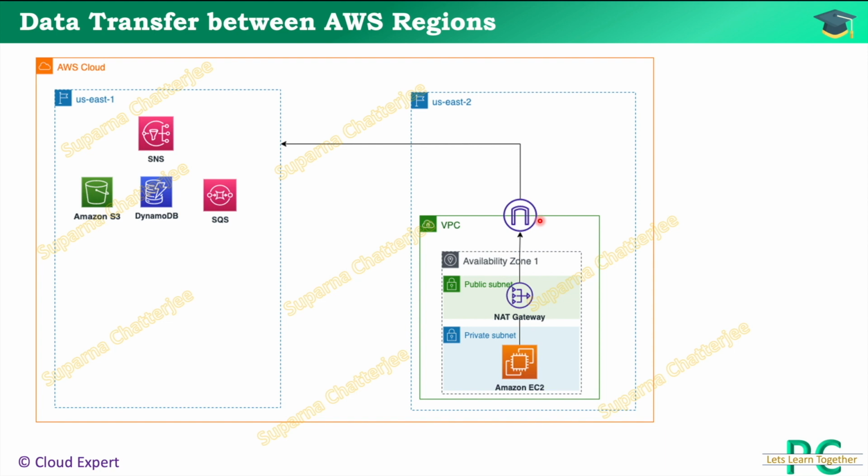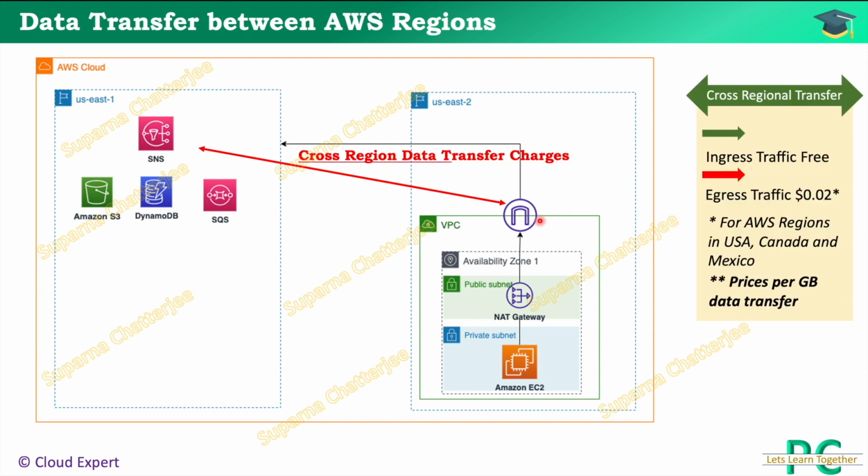And now let's understand what will be the data transfer charges. Since you are communicating or propagating data between two different regions, you have to pay cross-region data transfer charges. When it comes to cross-region data transfer, ingress data transfer is free, but you are going to pay for egress data transfer, and egress charges will be 2 cents per GB of data you transfer.